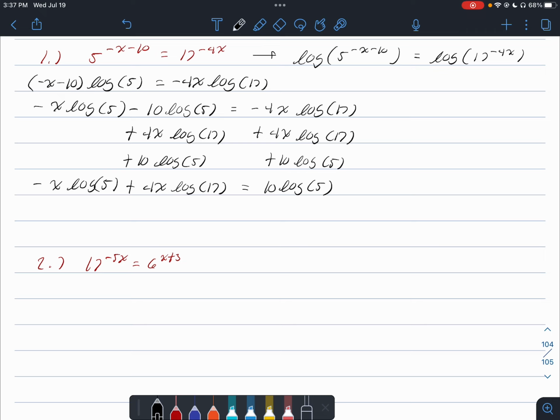Okay, so now, if we look over here, we'll notice that we can pull an x out of this side of the equation. So we can rewrite this as x times negative log 5 plus 4 log 17, and that'll be equal to 10 log 5.